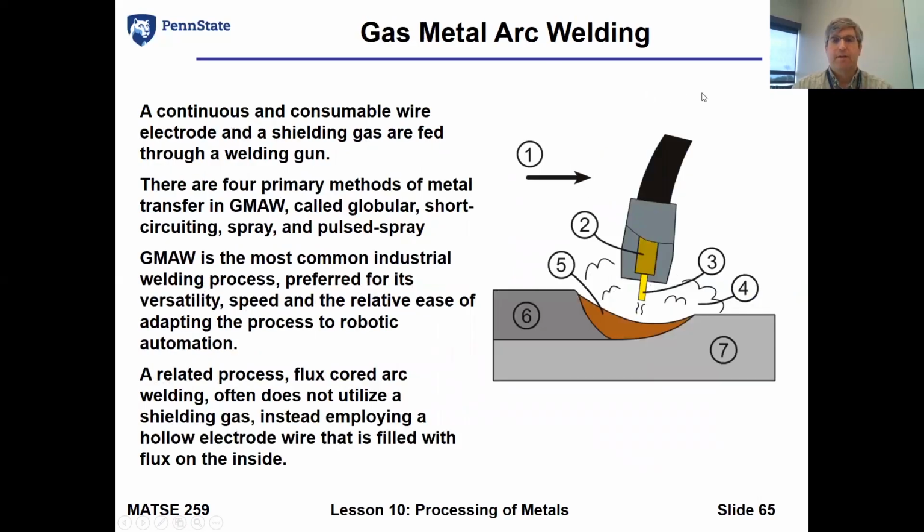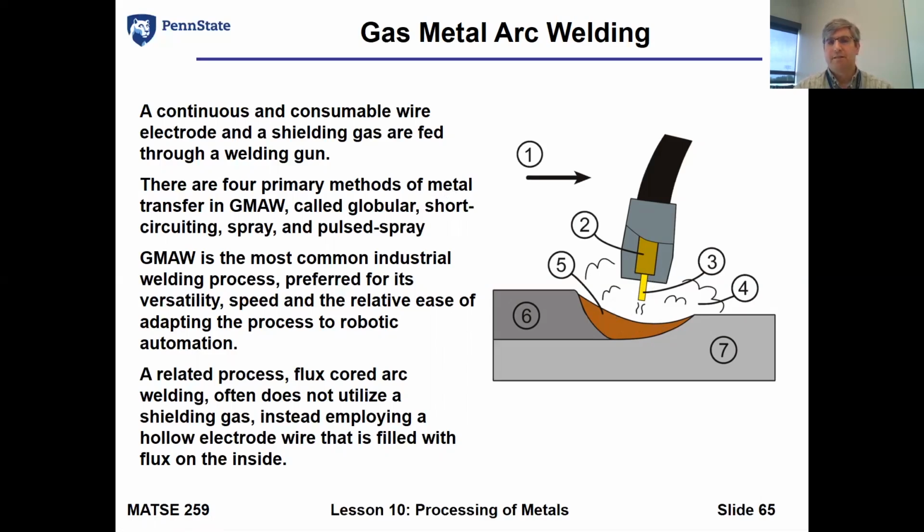Gas metal arc welding is really what is most commonly used. Instead of a tungsten electrode, the filler metal wire itself is the electrode, so it's directly melted into the joint. It can be melted in a number of ways, and usually how it's melted depends on the type of arc, or the current and the voltage that is used to melt that material.